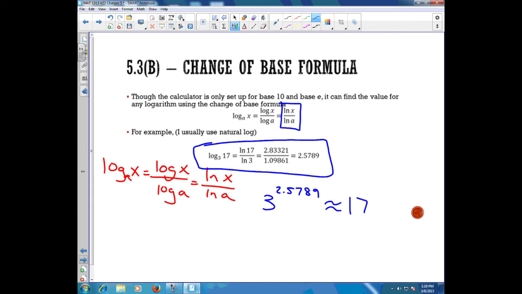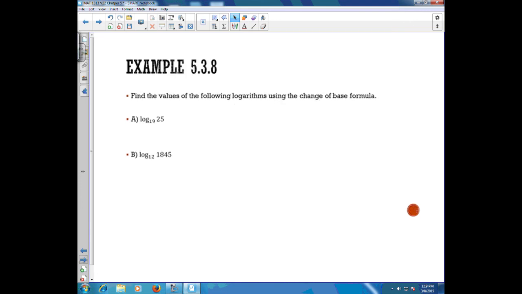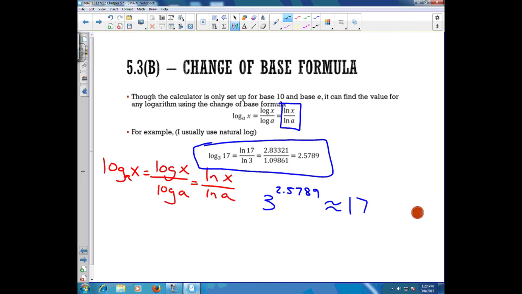Okay, so let's practice this. And this is where parentheses become important on your calculator. If you were to type in natural log of 17, and normally these calculators will do an open parentheses for you, and then type in natural log of 17 divided by natural log of 3, you're not going to get the right answer.